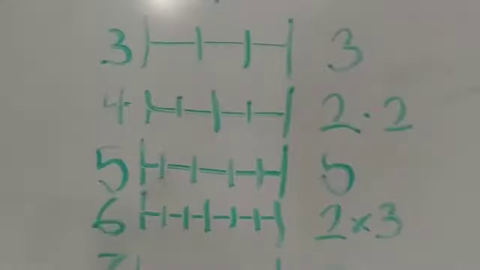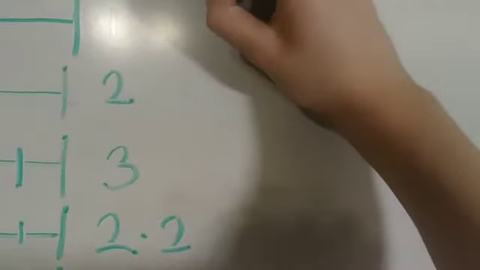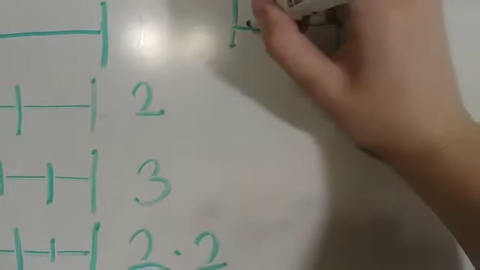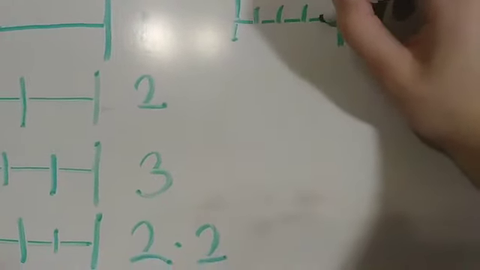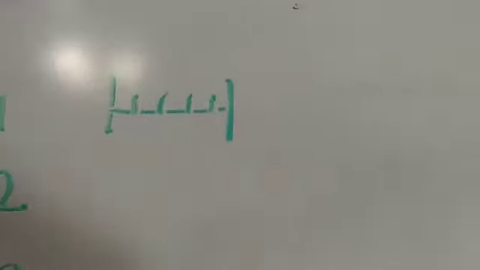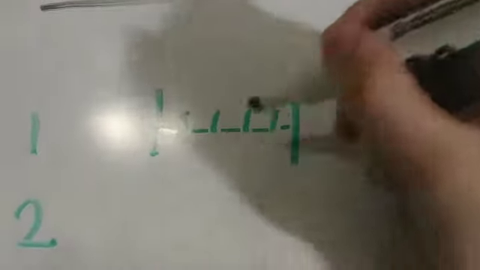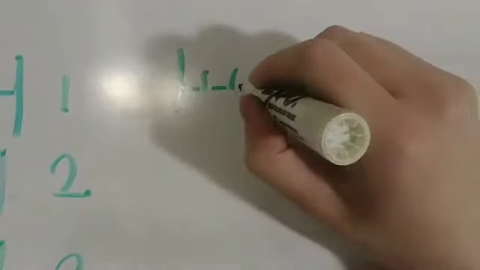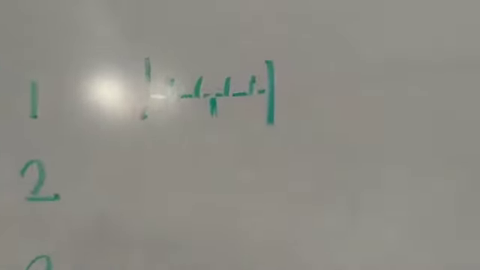Now let's show a little bit more what a prime number is. So this will be 5. 1, 2, 3, 4. We'll just say that's good. So this is 5. 5 is a prime number, which means that it cannot be divided by any lower numbers. If you try to divide 5 by 2, it cuts this center one in half, and you can't have that.